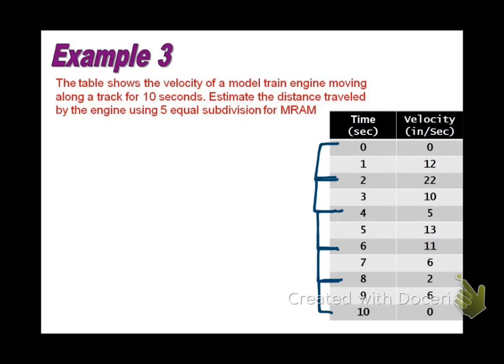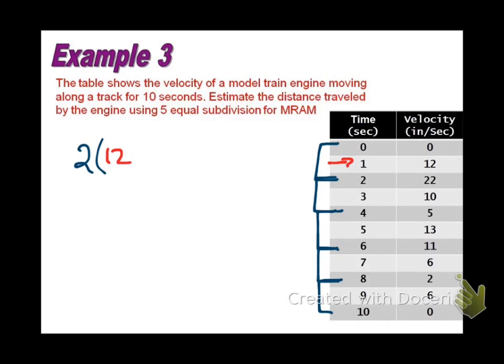If I think about how big each base is, I don't really need to draw a graph, but I can see each one is 2 seconds long, so my base value here for each rectangle would be 2. Then we want to look at the midpoint, okay? So the midpoint of that first section is not from the 0 or the 2, but it's right here at the 1. And so the coordinate at that point would be the 12.